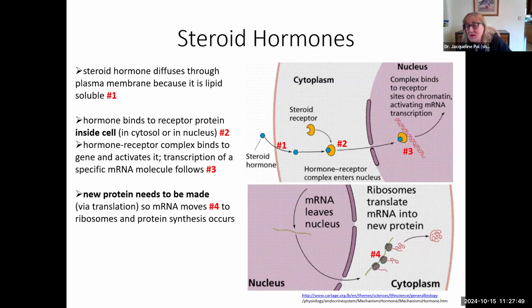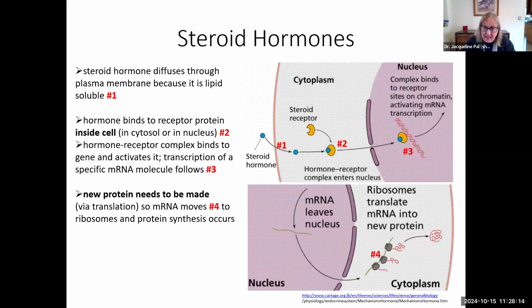Notice nothing was pre-made sitting around waiting for the hormone to bind. Everything had to be made to order. This is a much slower process. And because it's a slower process, the effects are going to last longer.